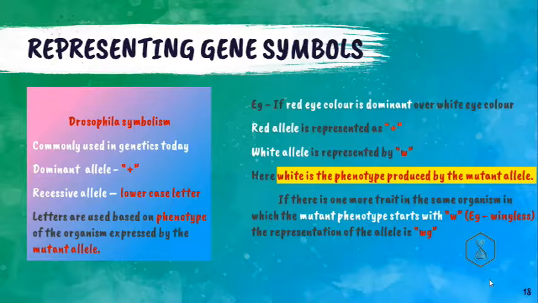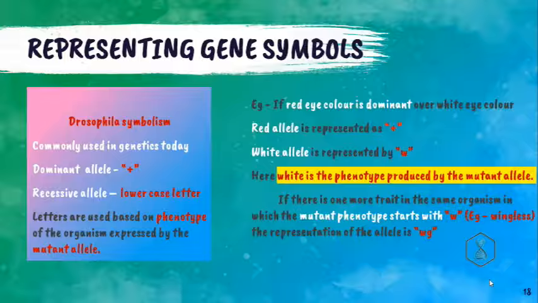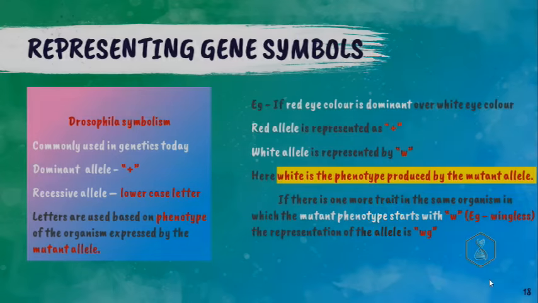And small letter w denotes that white eye color is recessive in nature. If there is one more trait in the same organism in which a mutant phenotype starts with the same letter, small letter w, for example, the trait wingless, the representation of the allele is small w and small g. That is, one more letter is added to this.